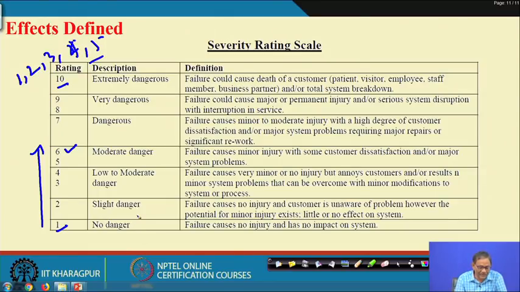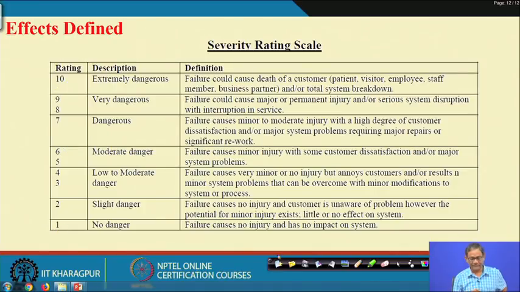You may start with slight danger, moderate danger, and then very dangerous, extremely dangerous, and then the lower one may be no danger. So, 5 point scale possible, 3 point scale possible also, 7 points possible also. So, you can create your own scale and give some severity as well as probability and detectability values.